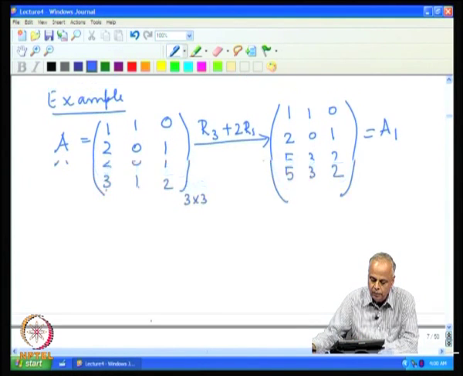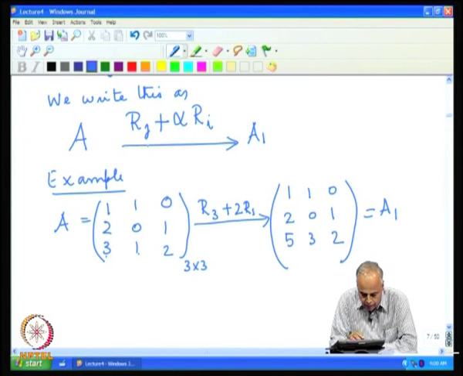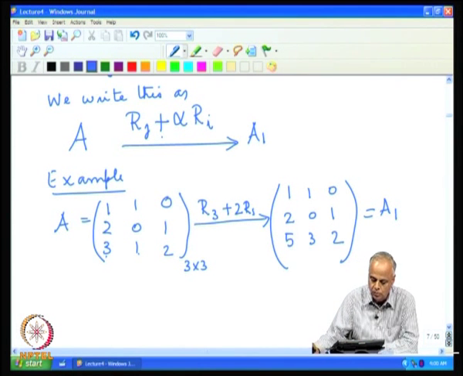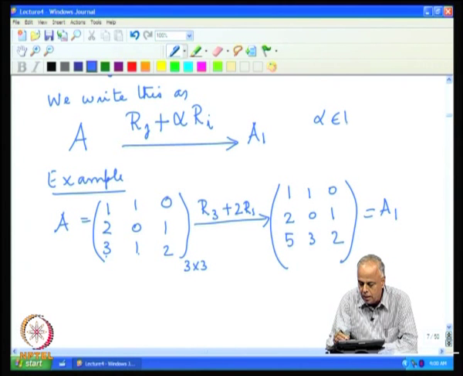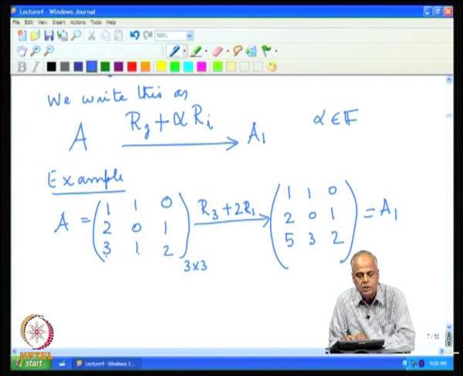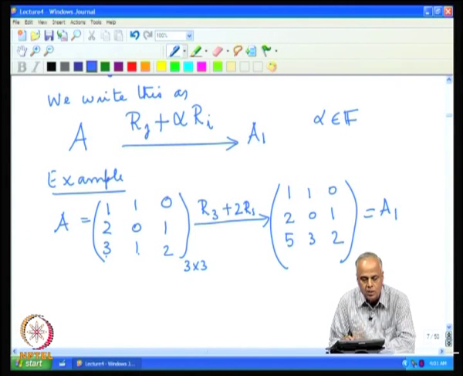In general, we denote it by R j plus alpha times R i if the jth row undergoes the change by adding alpha times the ith row to that. Alpha can be any number in F. If F is real, alpha can be positive or negative or 0.